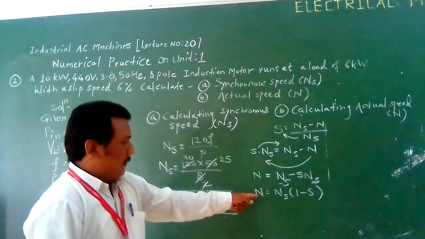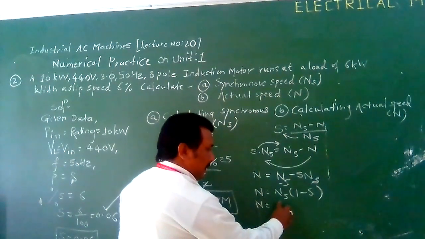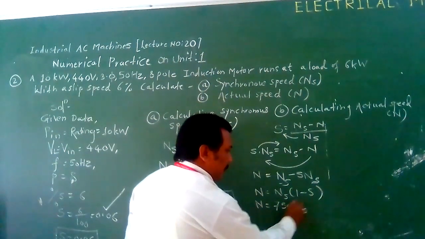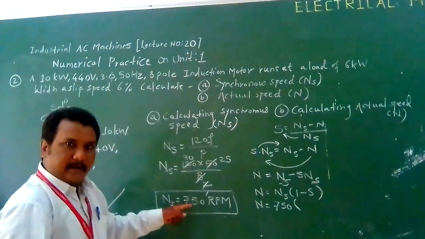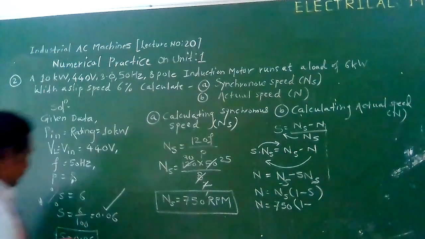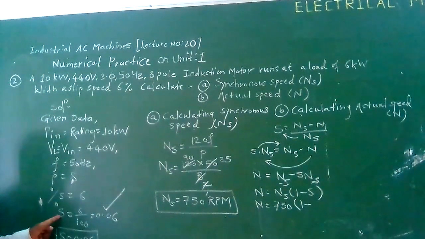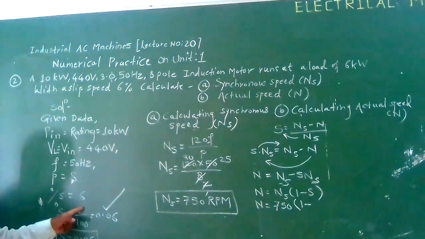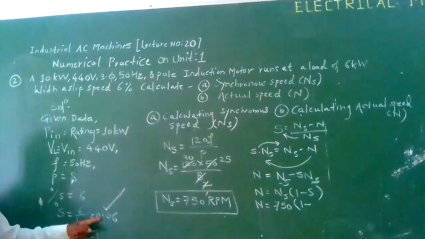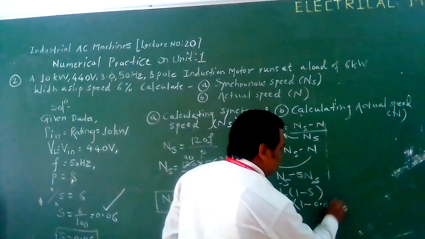So now calculating n: ns is 750 rpm, which we already calculated, and in the bracket 1 minus S, where S is the plain slip, 6 upon 100, which is 0.06.